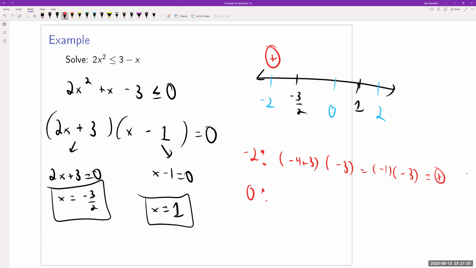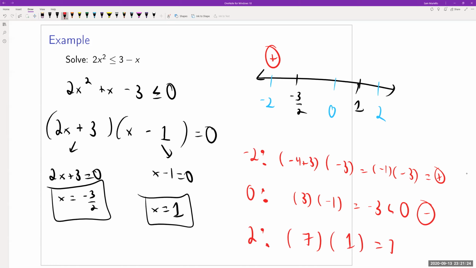For 0, this one is easy. 3 times -1, -3, negative. And for 2, I will have 4 plus 3, 7, times 2 minus 1, 1, positive.